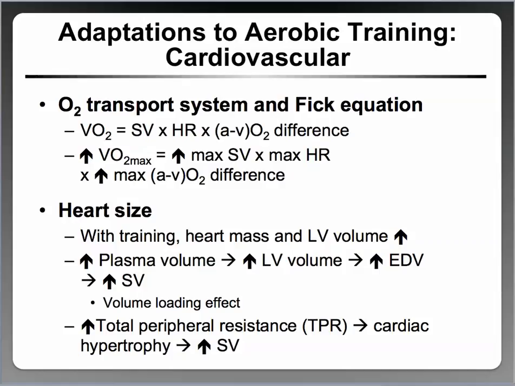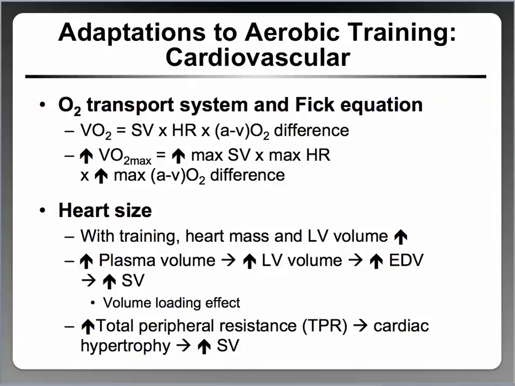With resistance training, essentially what happens is you place stress on the heart in a different manner. It's not the constant beating that you get. You don't really have the changes with plasma volume. What happens is that you place a different kind of stress on the heart.